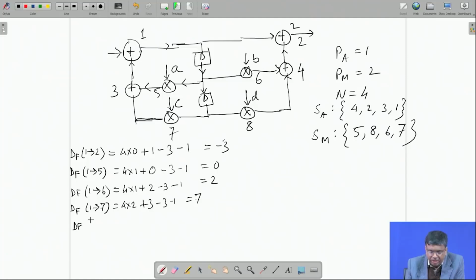Then DF 1 to 8, also 2 delays, 4 into 2, the schedule of 8 is 1, this part remains as before, so it is 5. So, I am done with 1.